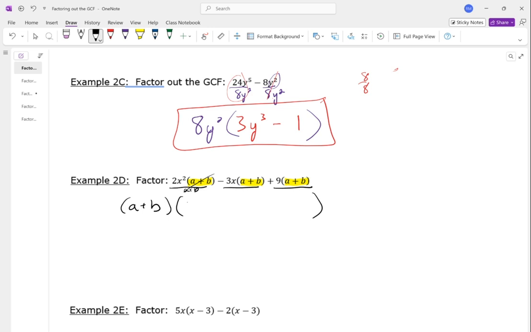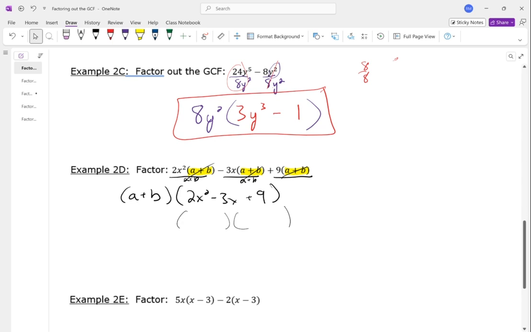So I'm just going to be left with my 2x squared, my minus 3x, and my plus 9. And then I would want to see if I could factor that. We're going to talk a little bit about factoring that in another lesson. But I'll just leave it like that for right now.